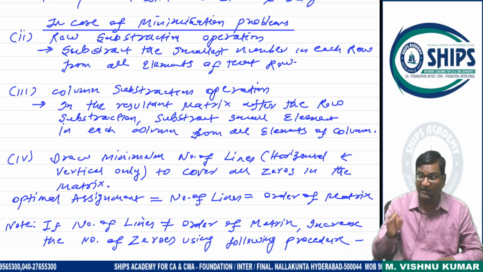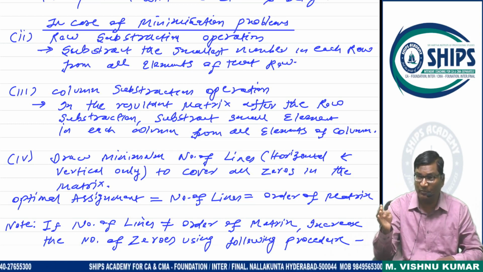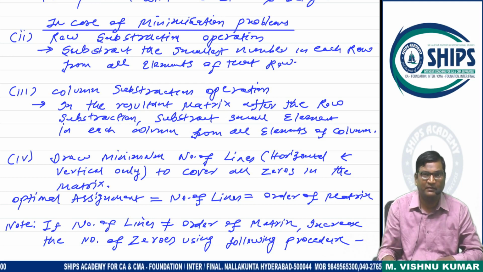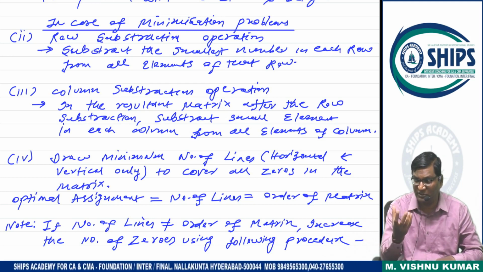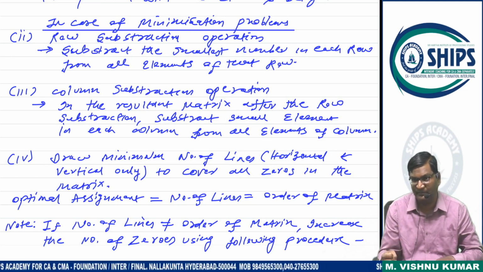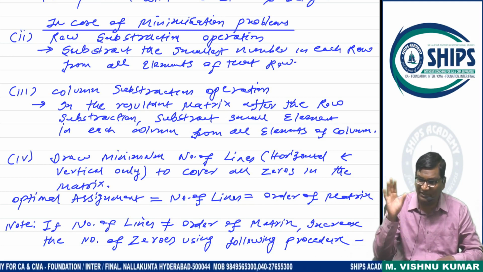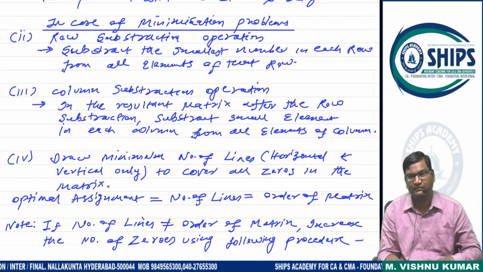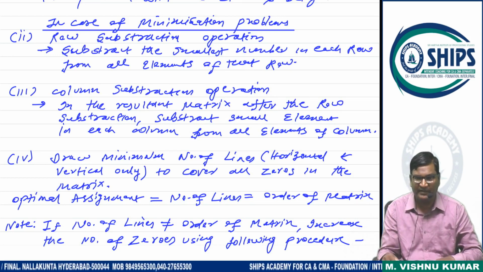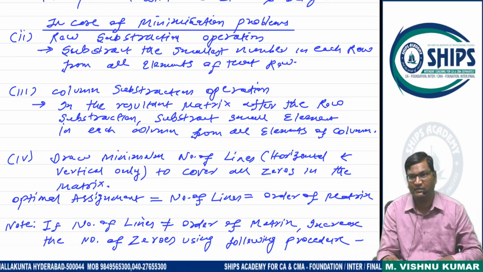So we have to convert the maximization problem into minimization, because his steps are exclusively based on minimization. If you want to solve a maximization problem, first convert the maximization matrix into minimization. Then only you can succeed. Directly you cannot solve. Clear?